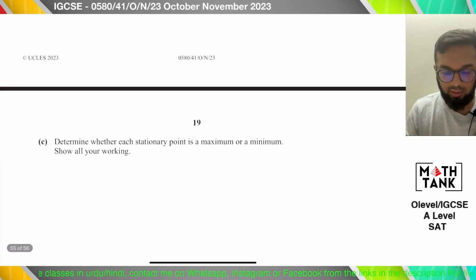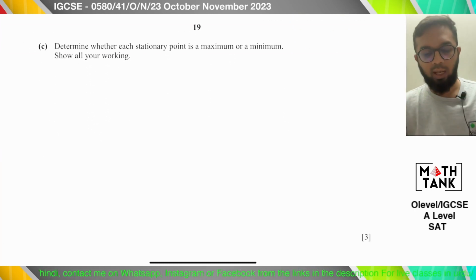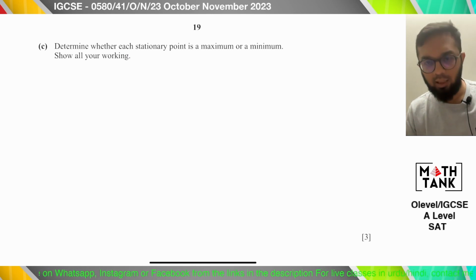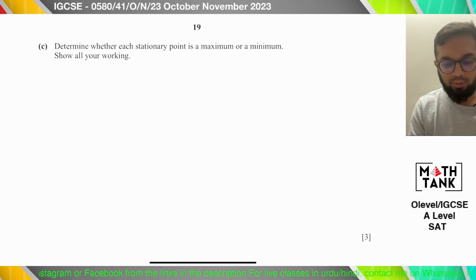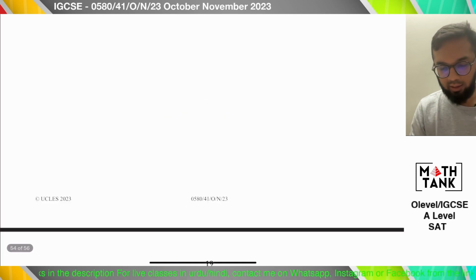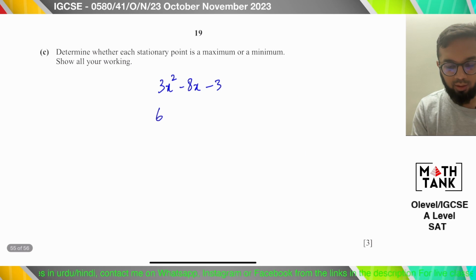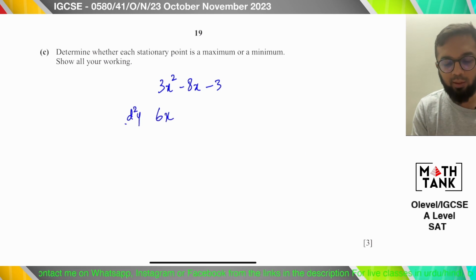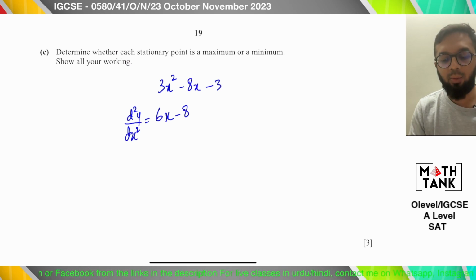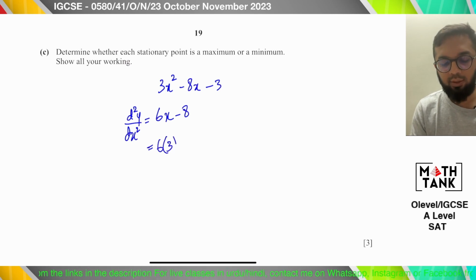An easy question at the end, determine whether each point is a maximum or a minimum. So you have to calculate the double differential. What was the first differential? It was 3x squared minus 8x minus 3, I think. Yeah. So I double differentiated, d squared y over dx squared is 6x minus 8. Okay. I plug in my first number, I get 10.